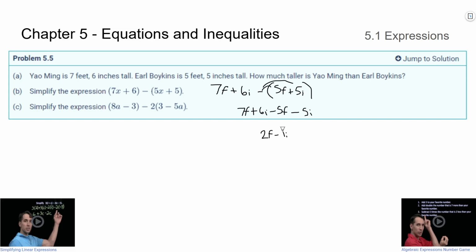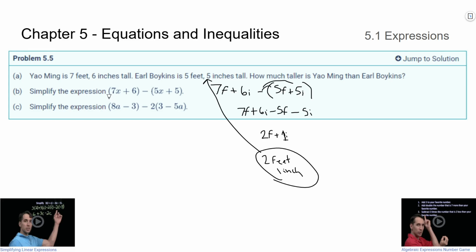I'll put the 1i there just because it's talking about 2 feet and 1 inch. Oh, this should be plus, right? 6i minus 5i is plus 1i. That looks weird here. This is a 1i. Okay, so 2 feet and 1 inch is the difference between these two.